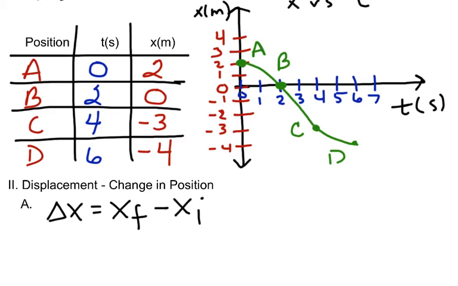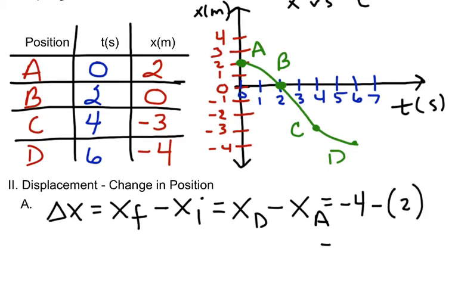If we wanted to know the change in position in my previous example, say from point A to point D, we would take my final position, which happens at D, minus my initial position, which happens at A. And plugging in numbers, I would have a final position of -4 meters minus a +2, which gives me an answer of -6 meters. So my displacement would be -6 meters.